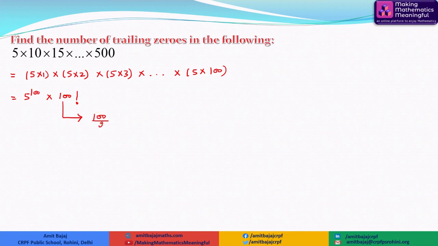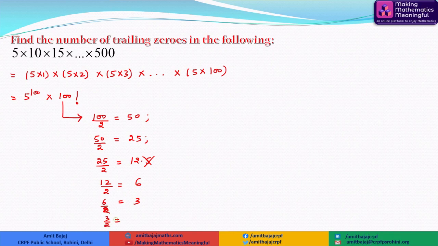So the method goes like this: divide by 2, this is 50, divide this quotient by 2 again, this is 25, go on repeating this process, and this is 12, then 12 divided by 2, 6, then 6 divided by 2, that is 3, and finally 3 divided by 2, which is 1.5, and the process will end over here.